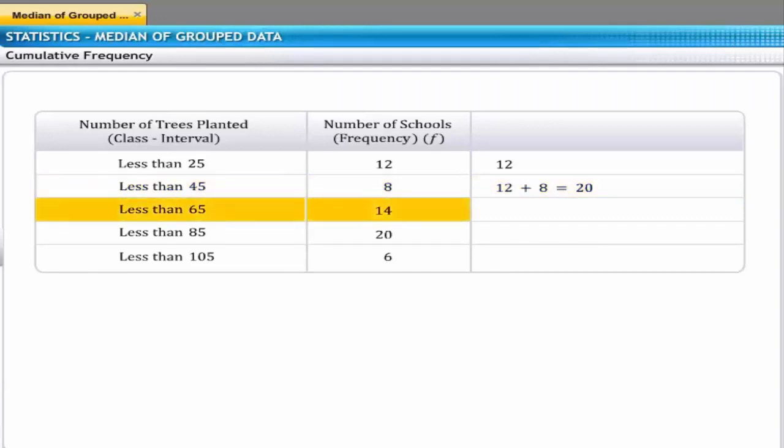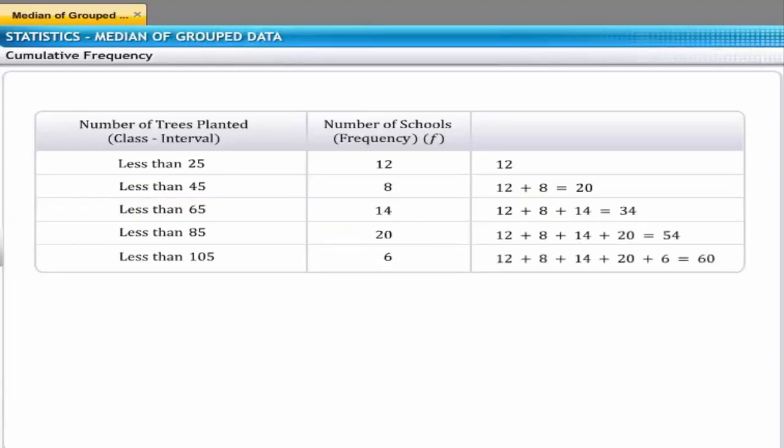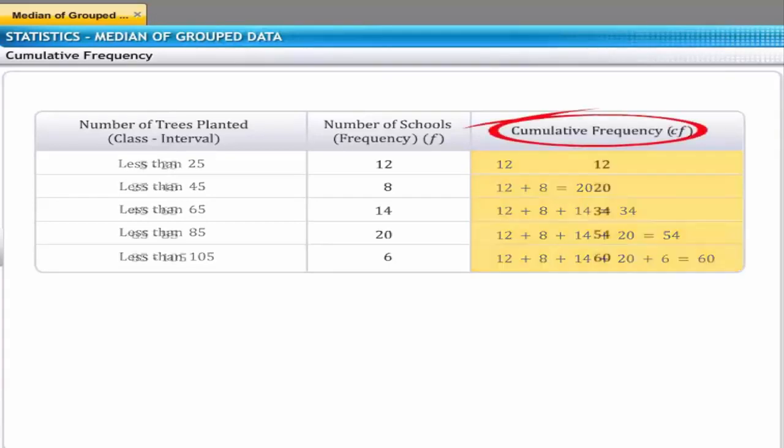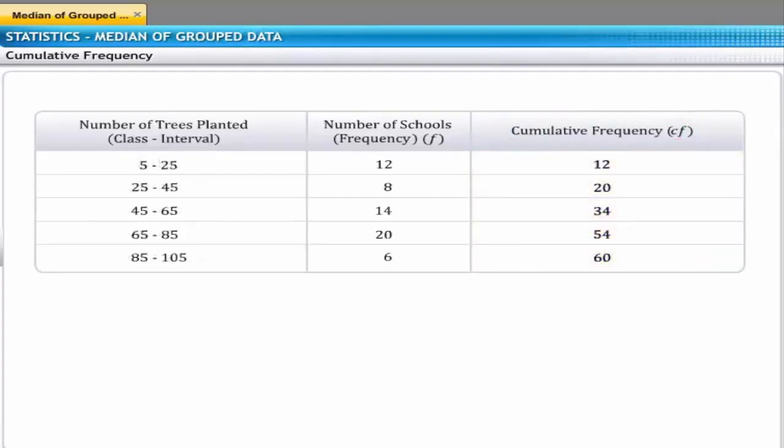Similarly, the adjusted frequency for the third class interval is equal to 12 plus 8 plus 14, which is equal to 34. This adjusted frequency is also called the cumulative frequency. Now, let us combine this table with the original table showing the actual class intervals.